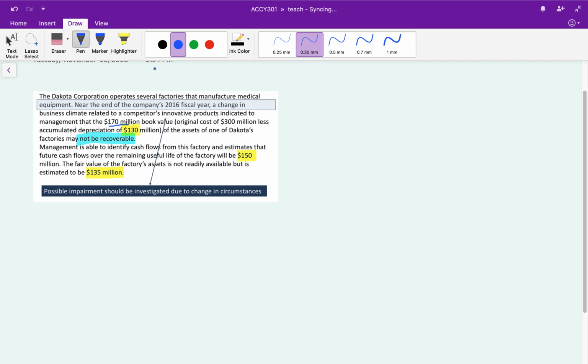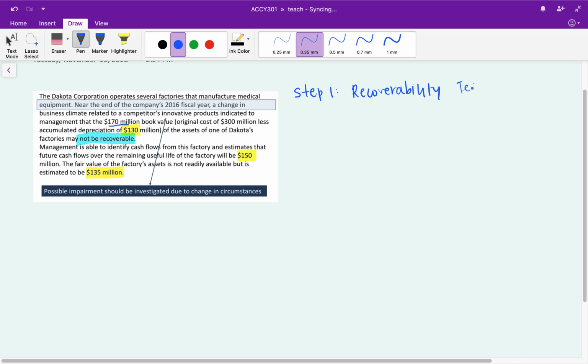Alright, so in order to determine if there is even impairment, first we must do step 1, the recoverability test. What we're going to ask is, is the undiscounted sum of the asset's estimated future cash flows less than the asset's book value?